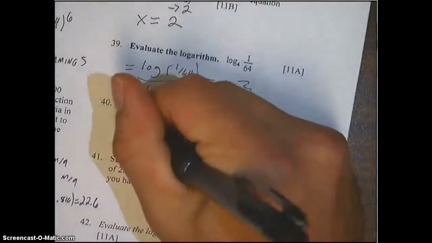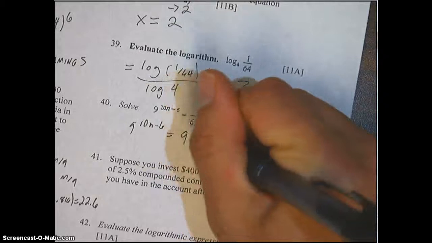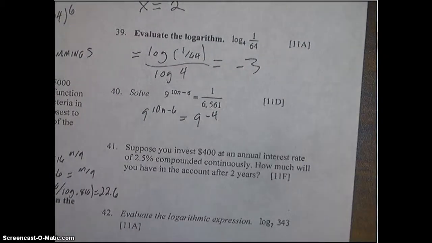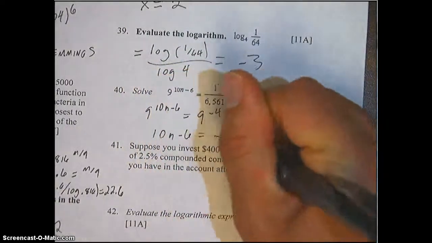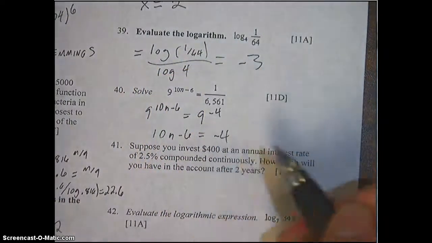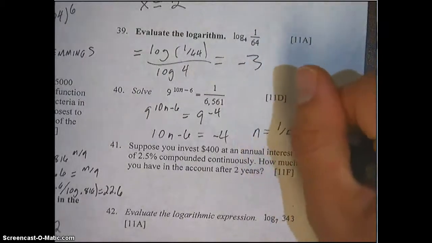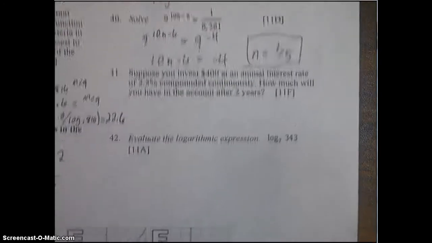So I'm going to rewrite this as 9 to the 10n minus 6 equals 9 to the -4th power, because it's 1 over 6,561. Now let's set those exponents equal to each other. 10n minus 6 equals -4. Add the 6, divide by 10. You get n equals 1 over 5 when you reduce 2 divided by 10.